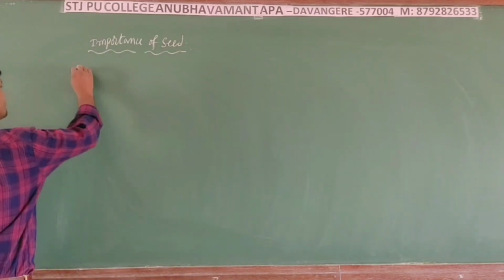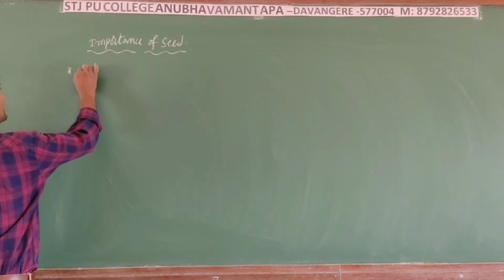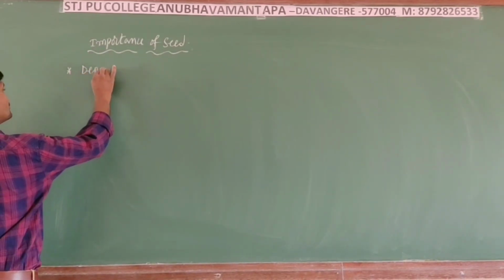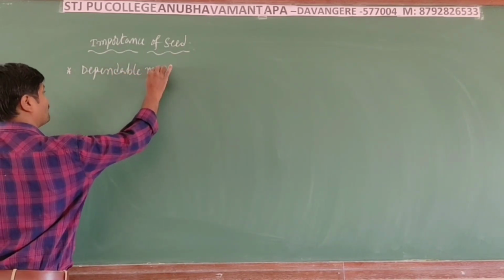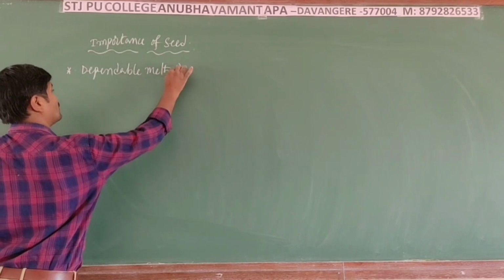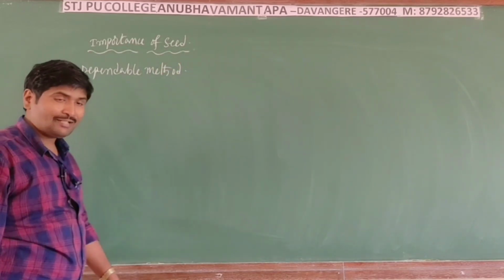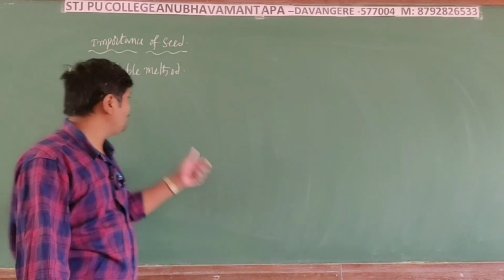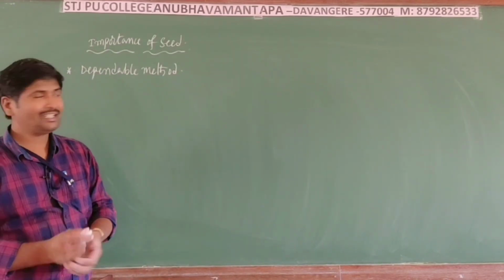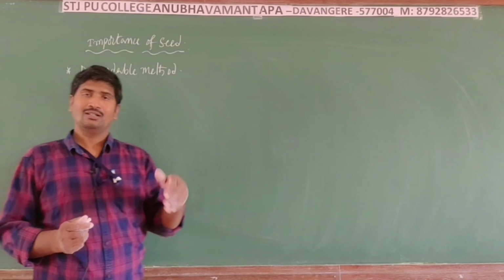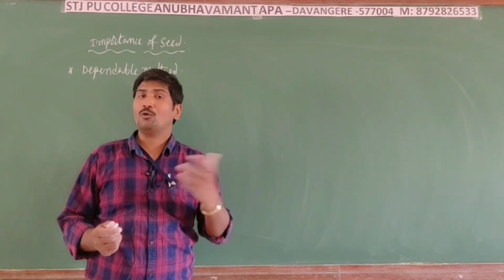First one, dependable method. What is the dependable method? The dependable method means the process of the fertilization events, that is known as the fertilization as well as the pollination.